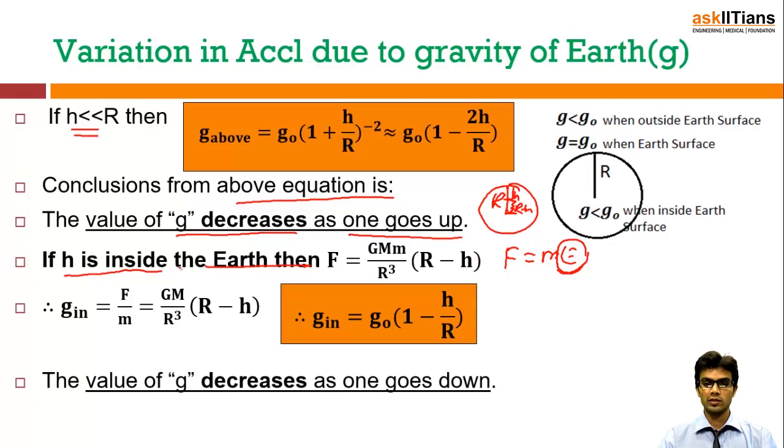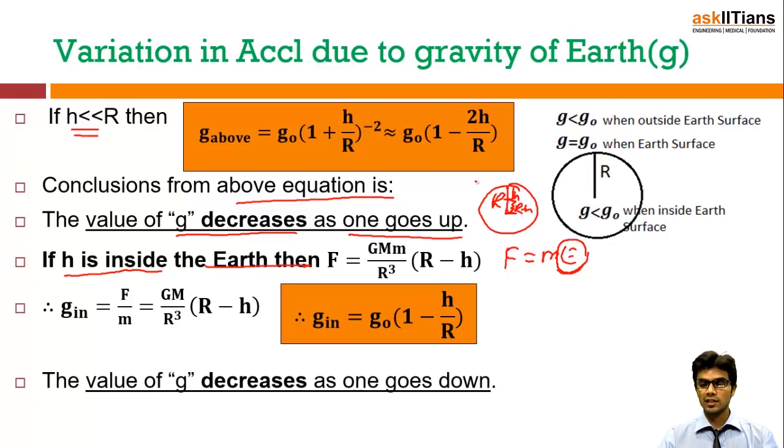So g inside the earth, we have to divide this by m, so GM by R cube into (R minus h). So g inside the earth is equal to g naught into (1 minus h by R). The conclusion is the value of g decreases as one goes down.